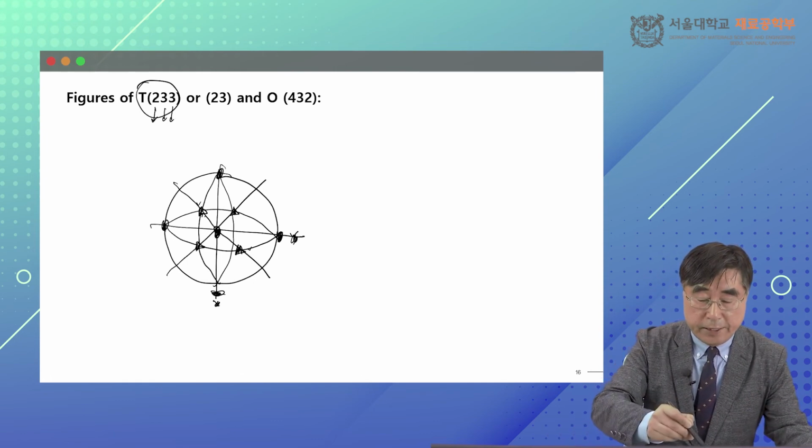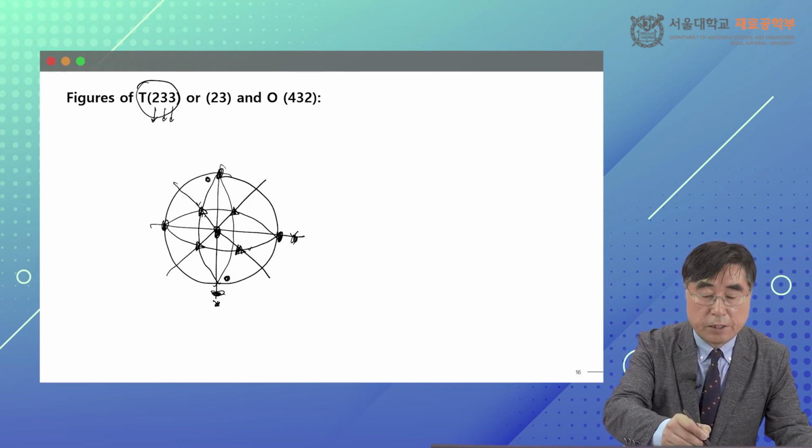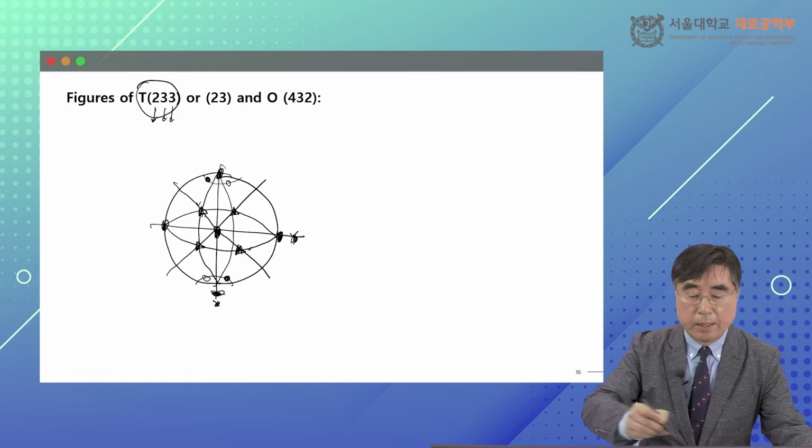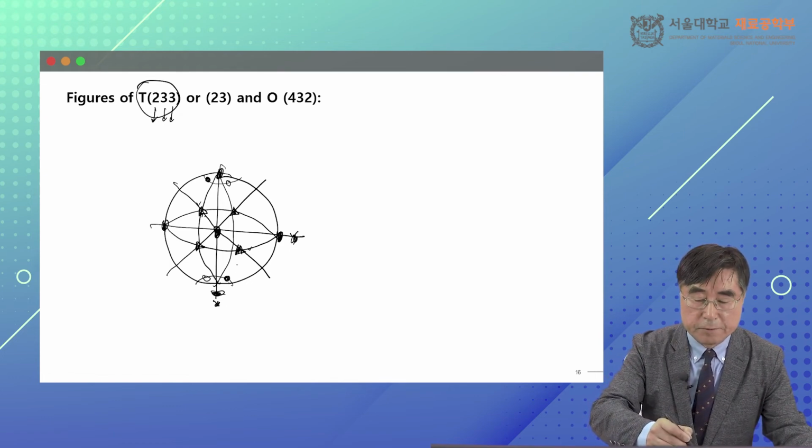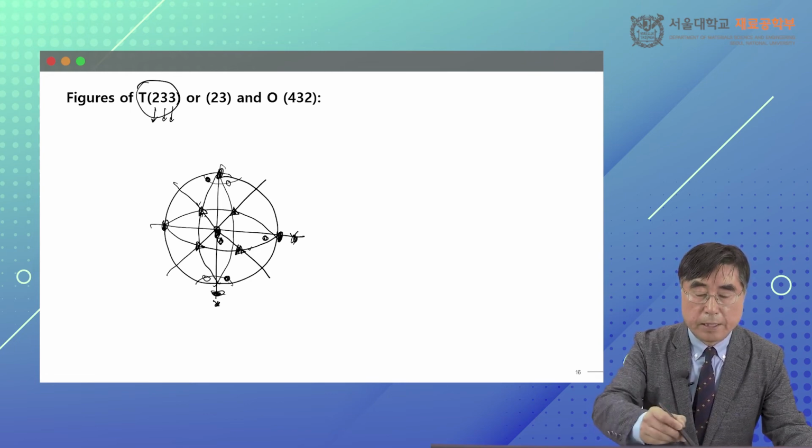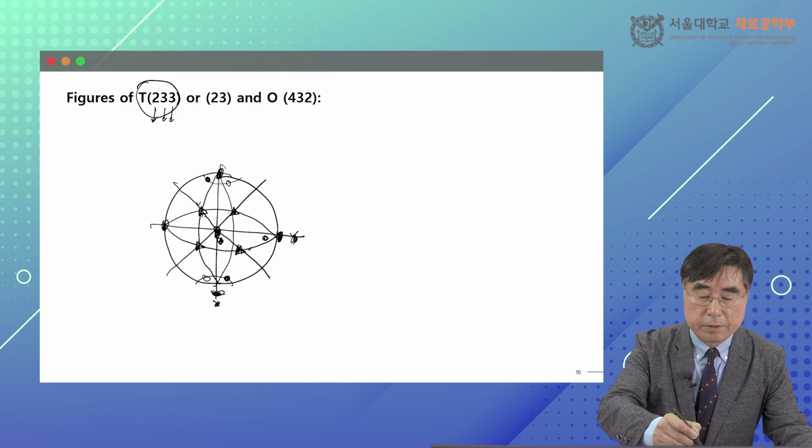Okay. Anyway, if I put the general poles in here, one in here, then the 2-fold generates here, this 2-fold generates here, and this 2-fold generates here. Then this 3-fold generates here, here, and this 3-fold generates here, here.